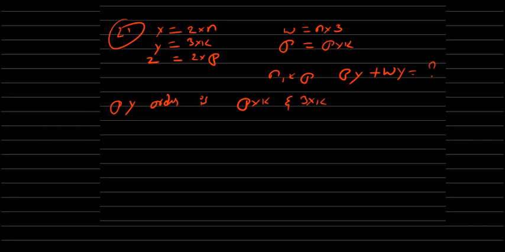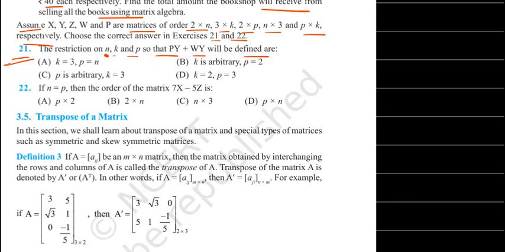Since this is matrix multiplication, you know that the number of columns of the first matrix should be equal to the number of rows of the second matrix. On this basis, we will say PY is defined as k equal to 3. Directly you got the answer. You can see in the question, wherever it is k is equal to 3, this is the correct answer: k is equal to 3 and p into n.